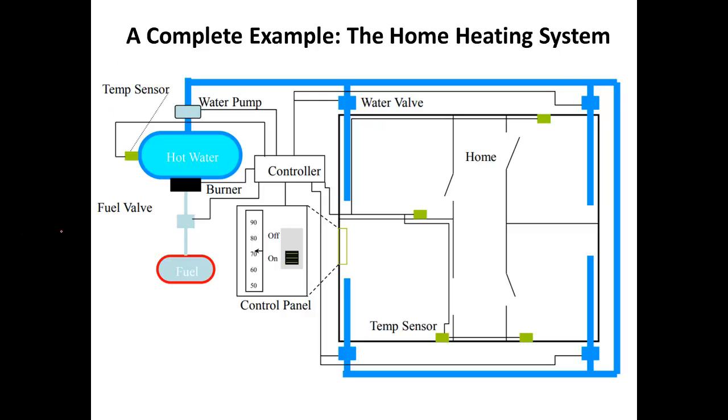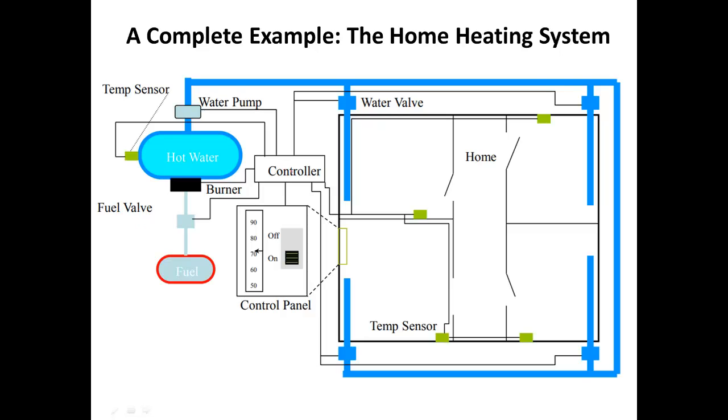Now let's talk about how to create a use case diagram for a real system. The real system shown here is the home heating system. If you look at this home heating system here, that's the hot water. Then we have a temperature sensor, okay? Then we have a water pump. Also we have a fuel valve. Then we have a burner.